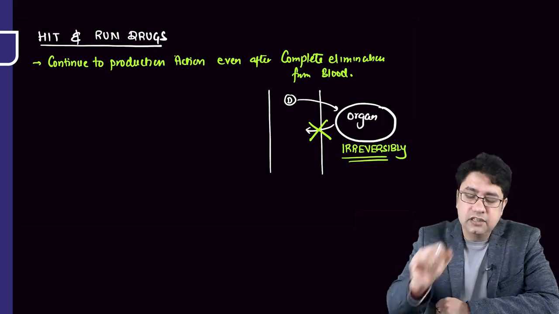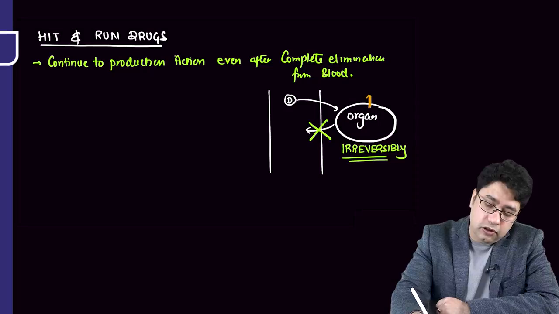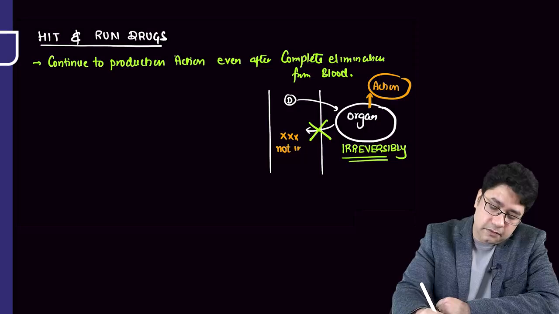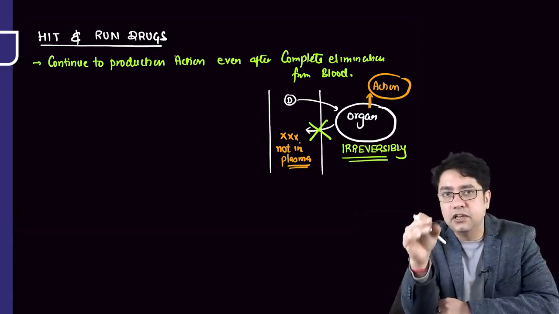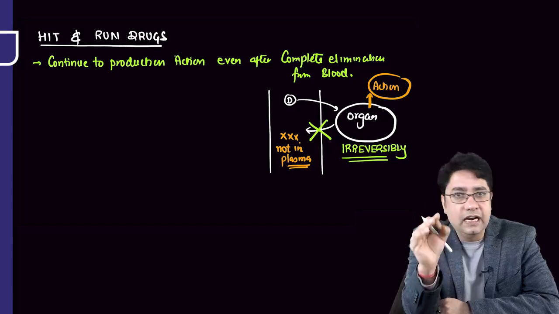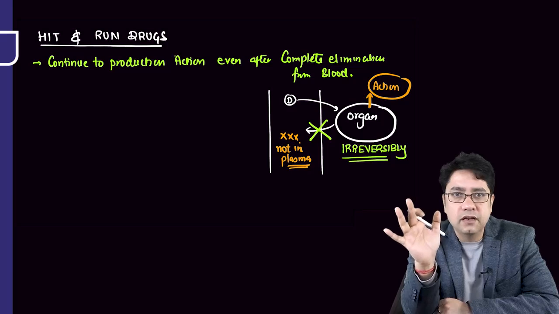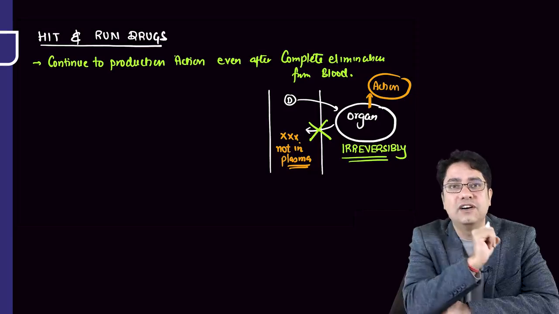Now, if this drug is attached to the organ irreversibly, don't you think the action on the organ will continue to come? And these drugs are not present in plasma. Their concentration will be very less, and you assume the drug is eliminated because the concentration falls. But the action on the organ will continue to come.